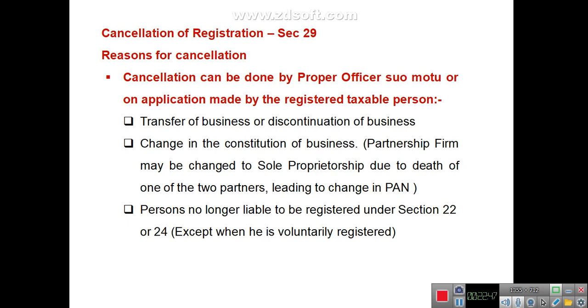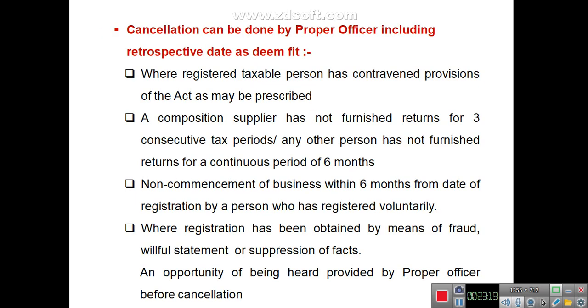If there is a change in the constitution of business, for example, a partnership firm changing to a sole proprietorship due to the death of one of the partners, then it will lead to a change in the PAN number. So the registered person has to apply for cancellation of the registration. Or if the person is no longer liable to be registered under section 22 or 24, in that case also he may apply for cancellation of registration.